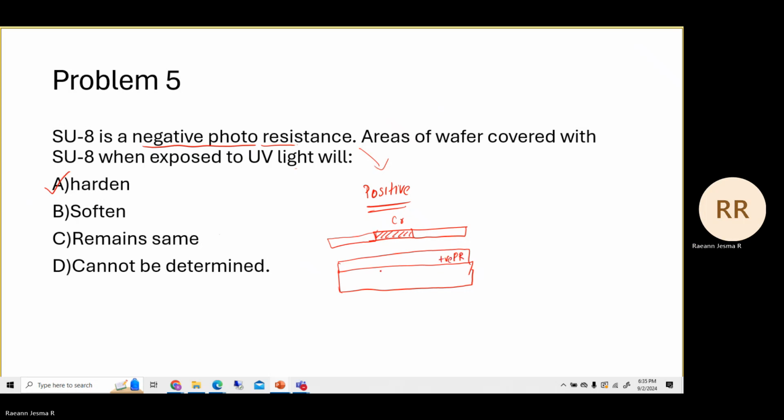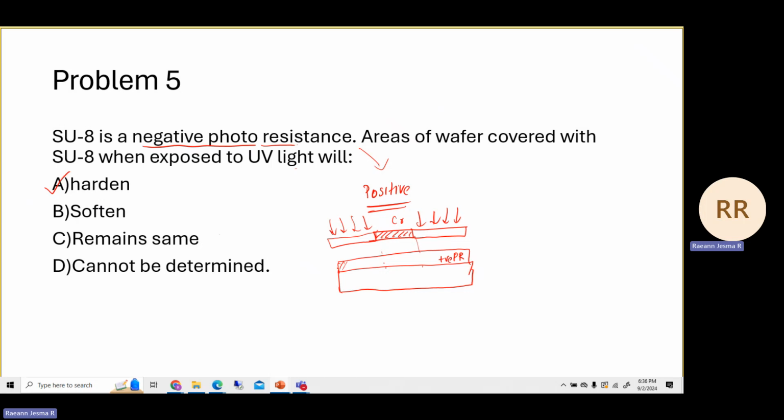Okay. So what happens is the light will pass in these regions, the transparent regions. Generally the mask is made of soda lime, or in certain cases a more expensive mask will be made of quartz. So the regions which are getting exposed to the light will have more solubility in the case of positive photoresist.